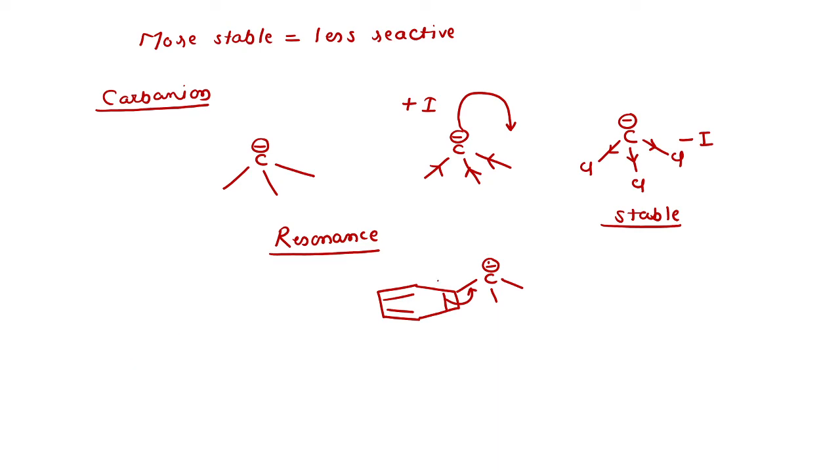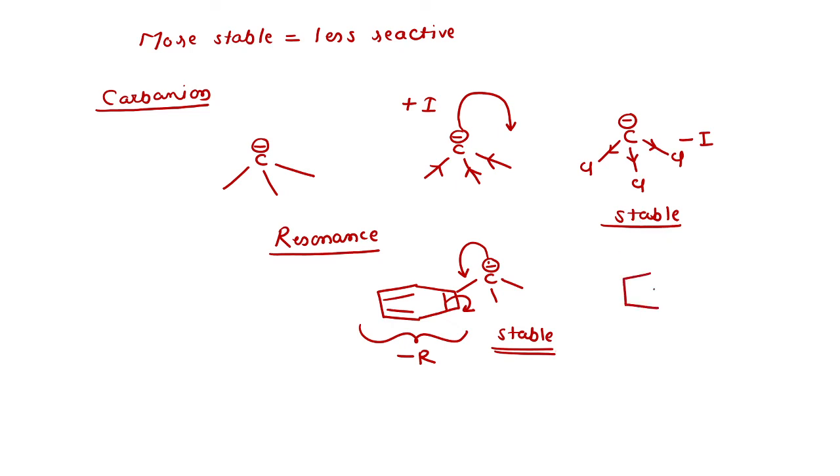It is not having like this because it is rich. So what is going to happen? This carbanion will go inside. And because of the minus R effect of the ring, there is a delocalization. So this is becoming stable. So this ring is having its minus R effect.